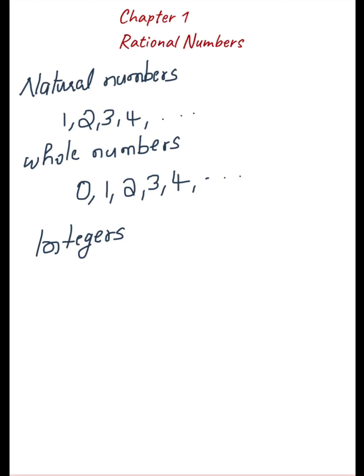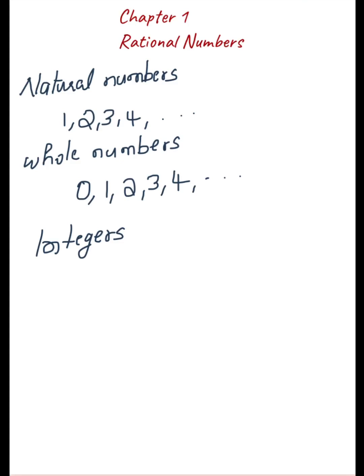What all types of numbers do you have in the case of integers? 1, 2, 3, 4, etc. That is, natural numbers will be there in integers. And then 0 will be there in integers. I'll write it again.